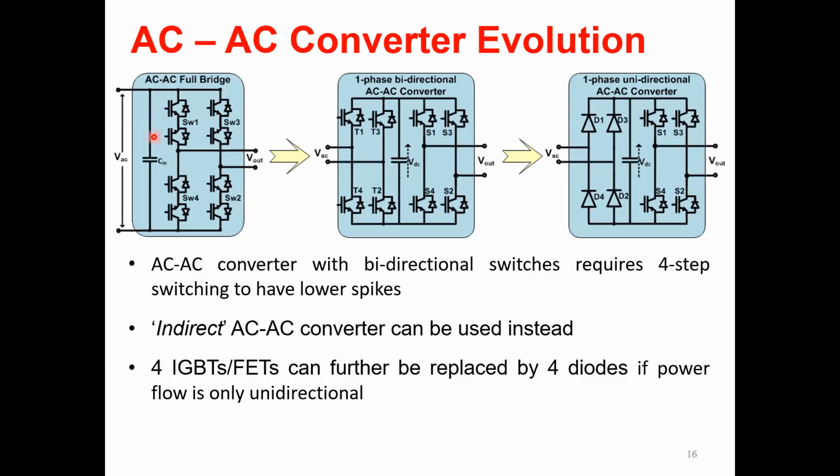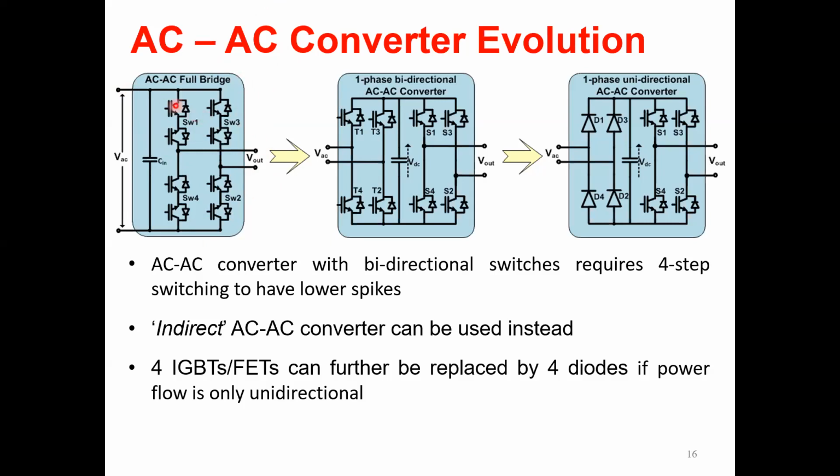So we have to have these devices connected in anti-series like this, so that you will be able to translate the input voltage, whether it is positive or negative, and generate either a positive or negative outcome. Otherwise, it won't be able to block the voltage or conduct the current accordingly. This is a very straightforward implementation, but there are a lot of challenges in it.